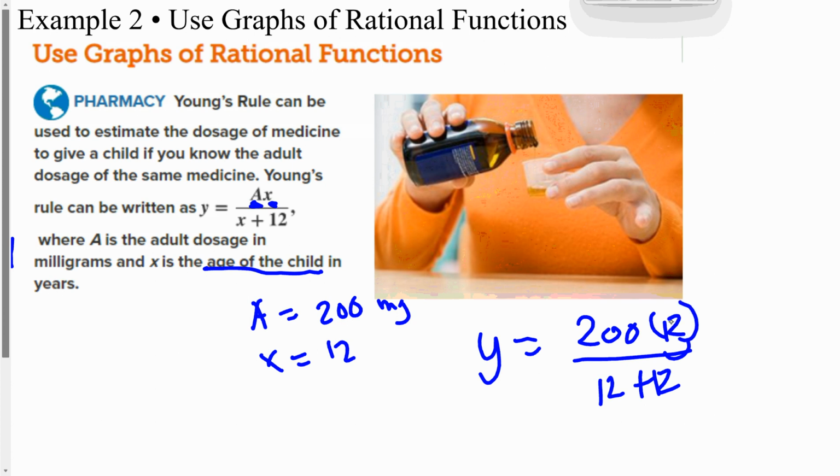Then we calculate: we get 2400 over 24, which cancels out, so 100 milligrams for a 12-year-old.